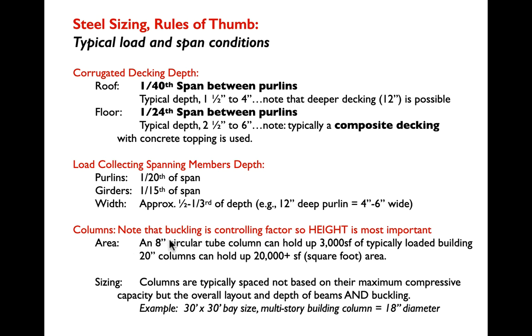But generally, 8-inch columns, we can hold up to 3,000 square feet. 20-inch columns, we can go up to about 20,000 square feet. And again, we're going to check for buckling, and we're going to look at the steel columns typically to give us some idea of whether we need to increase the size based on the floor-to-floor height.